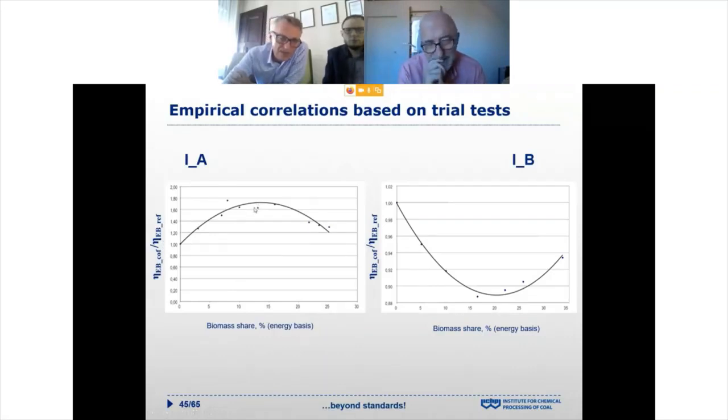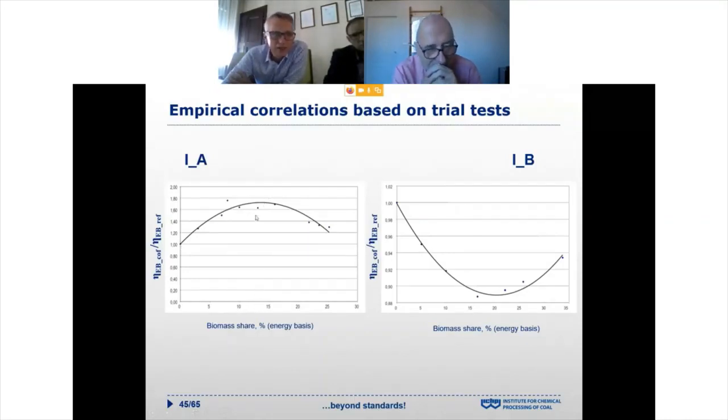So it's actually increasing dramatically. But more interesting is why it goes like this, why it goes like a parabola. We found the following explanation.